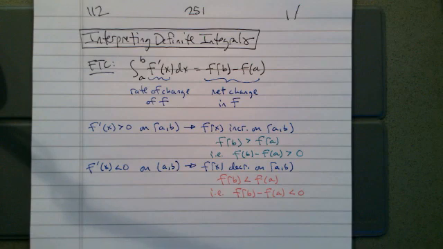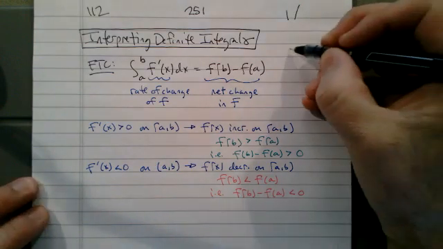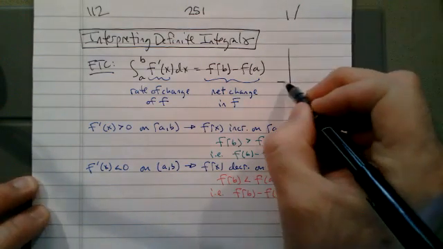If a derivative is positive, the function is increasing, and the area tells you how much it increased. If the derivative is negative, then the function is decreasing, and the area tells you how much the function decreased. So this matches up.